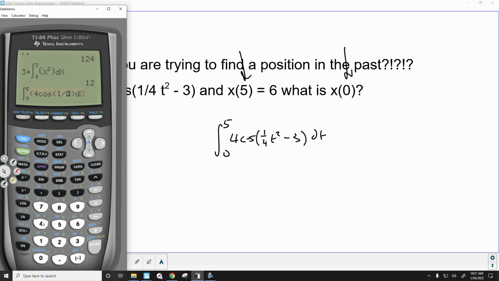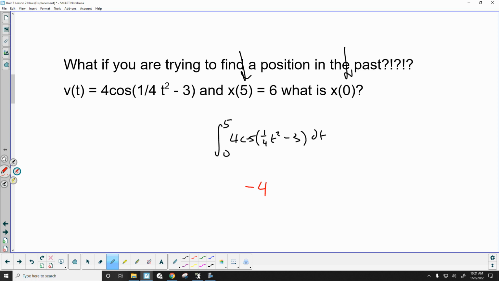Make sure your calculator is always in radian mode. All right. What does this tell me? Tell your neighbor.